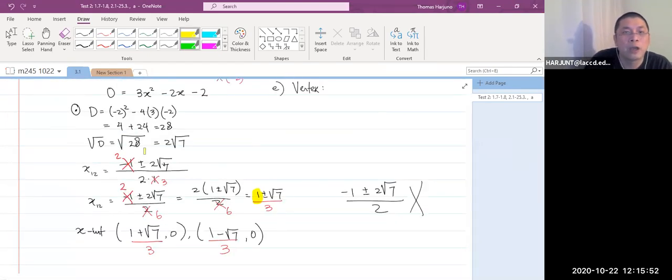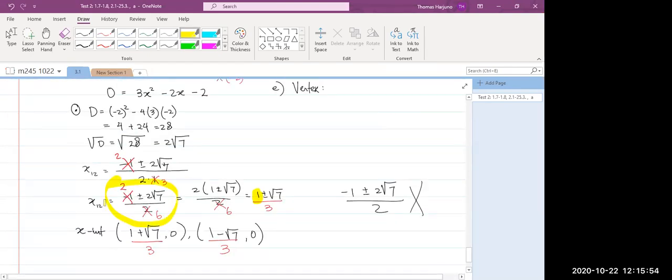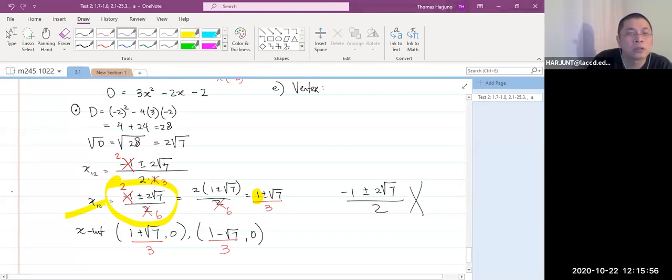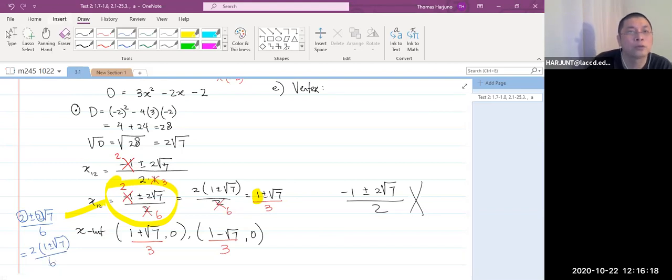So what we have here was 2 plus minus 2 square root of 7 over 6. Now you see on the top have common factor 2, right? So if I take 2 out from here, you have only 1 left. If I take 2 out from here, you get square root of 7. Oh, got it. Thank you.